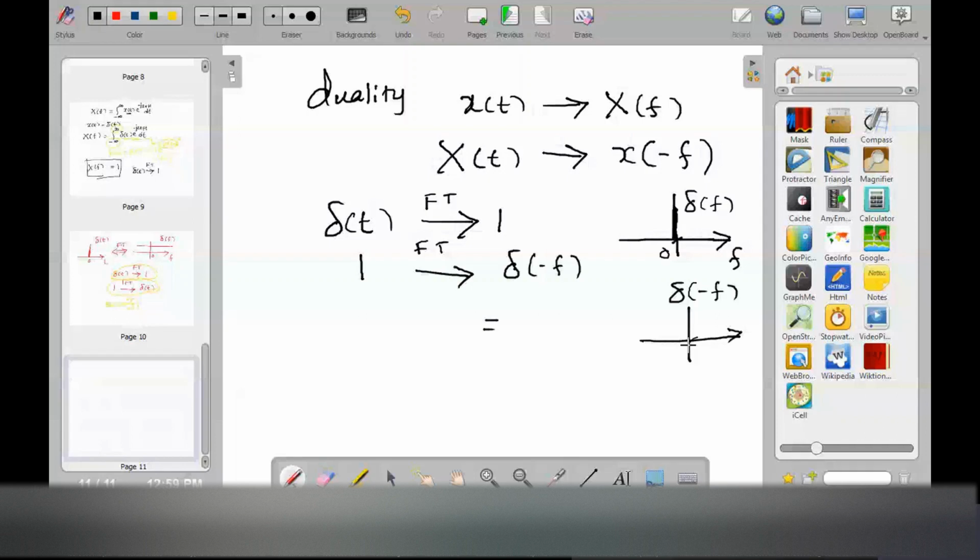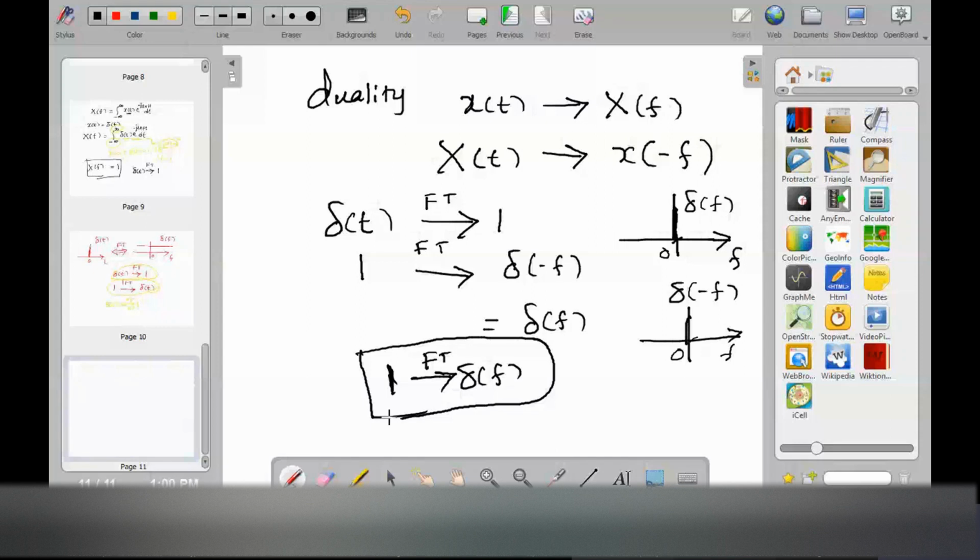Same thing. That means delta of minus f is the same as delta of f. So the Fourier transform of 1 is delta of f. This is what I want to convey to you. You remember this. I will use it later.